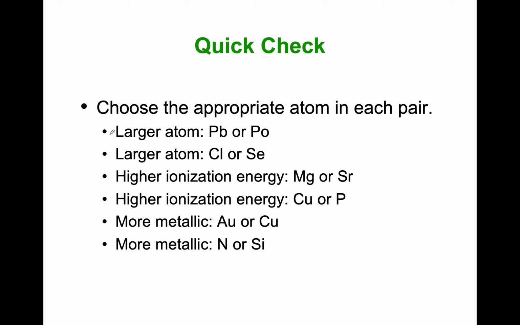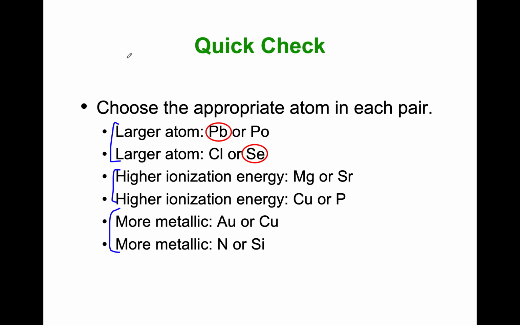So with all of these then, you should be able to look at whether it's size, ionization energy, or metallic character. Look at the periodic table, find these elements, and circle the appropriate one. So go ahead and take a look. If you look here, lead would be a larger atom than polonium, and selenium would be larger than chlorine.